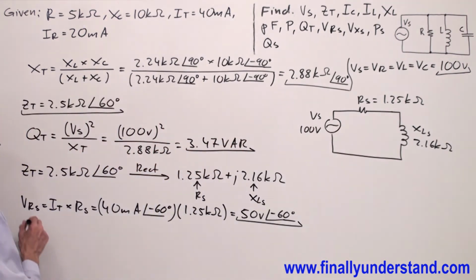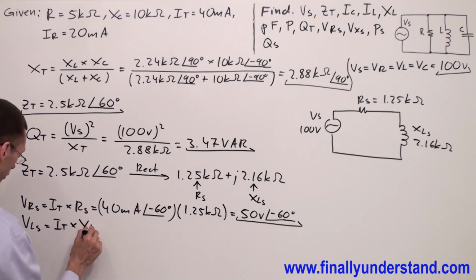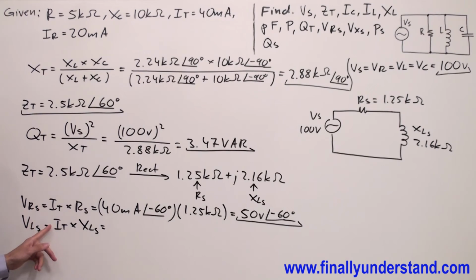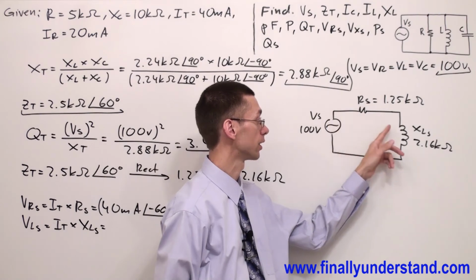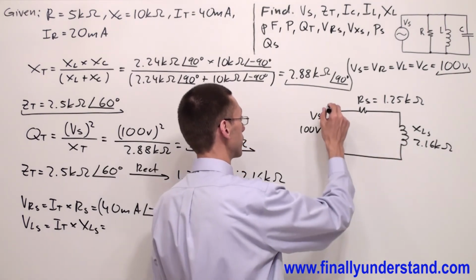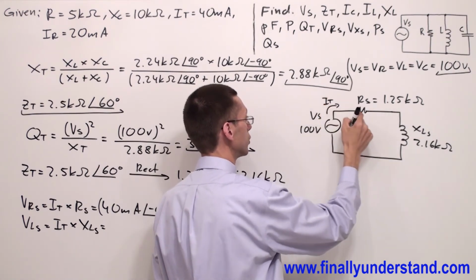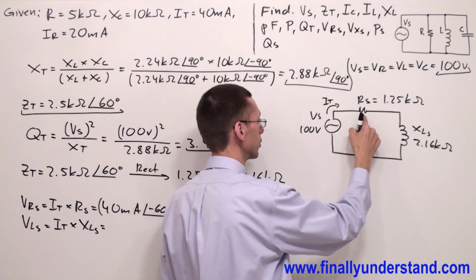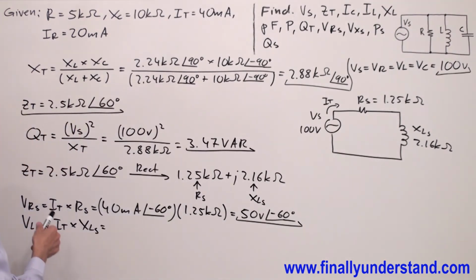Next, I'm supposed to find the voltage VLS. This is nothing else, just I total times X of LS. I wrote I total, but you can also write IRS and ILS, because this is a series circuit. So I total is equal to the current which goes through the resistor and is equal to the current which goes through the inductor. That's why you can simply write I total.